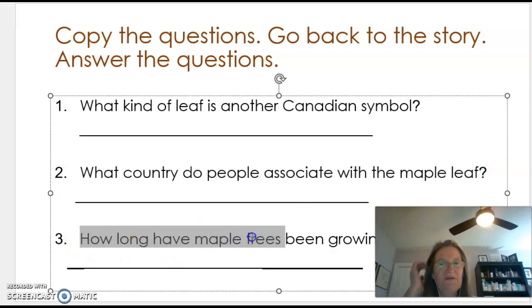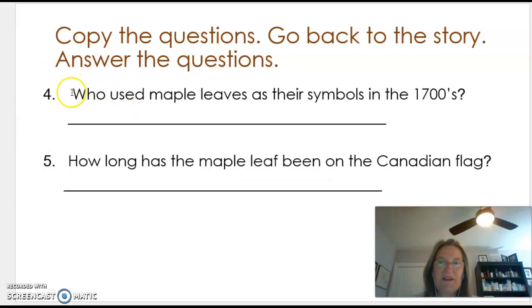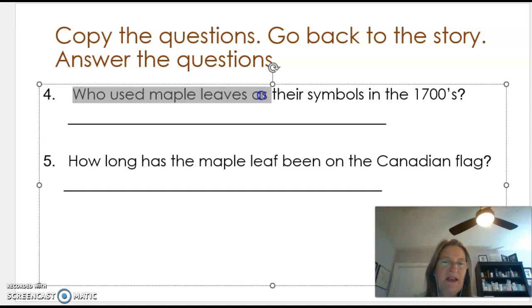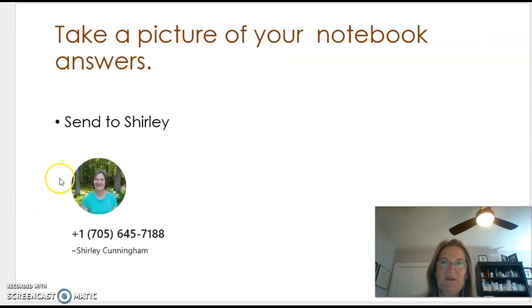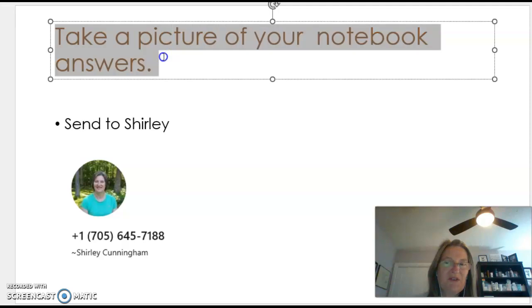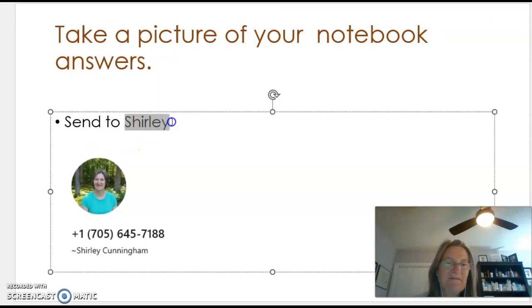How long have maple leaves been growing in Canada? Number 4. Who used maple leaves as their symbols in the 1700s? How long has the maple leaf been on the Canadian flag? So these are the 5 questions for the maple leaf story. Once again, take a picture of your notebook answers and send them to Shirley, either in WhatsApp or by email.